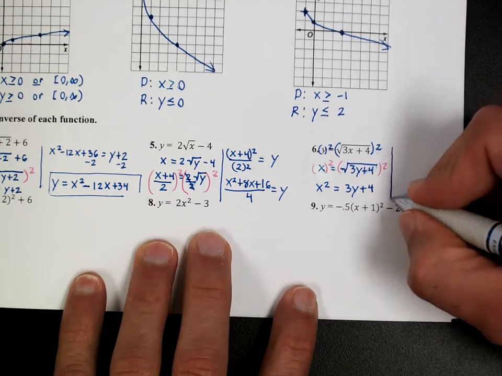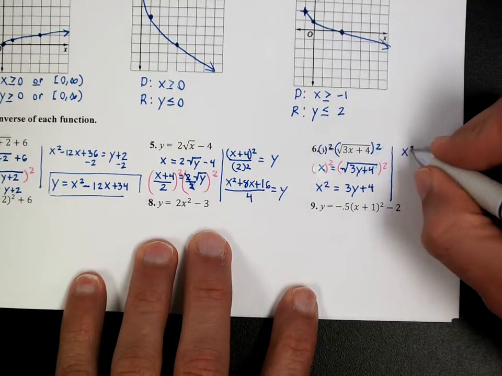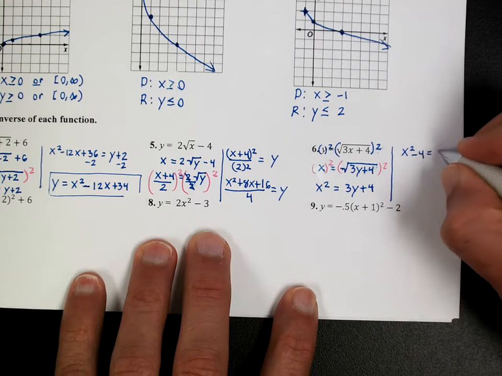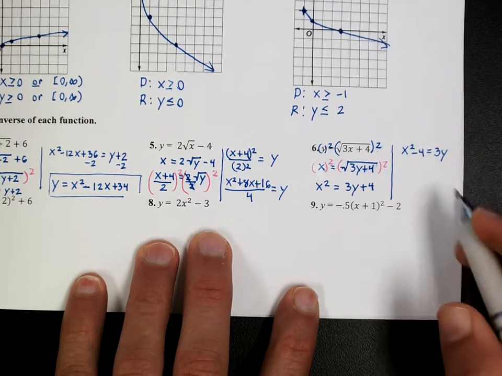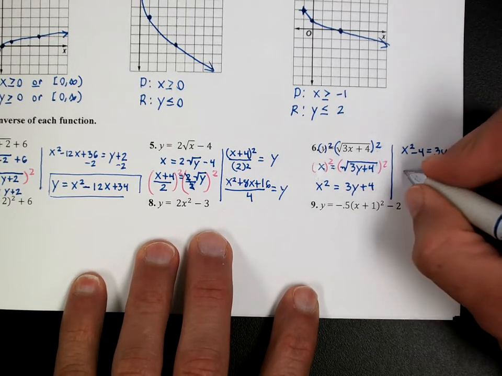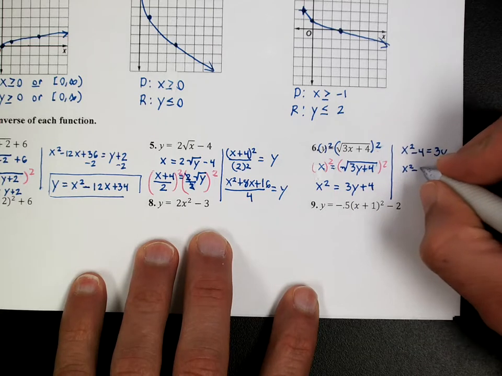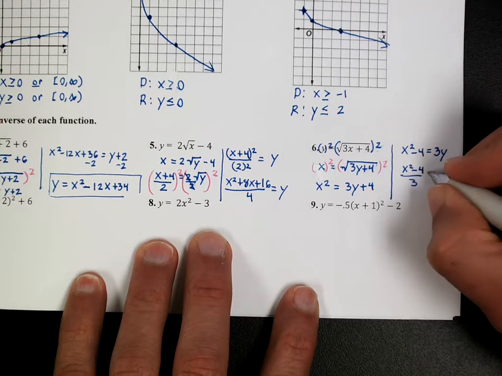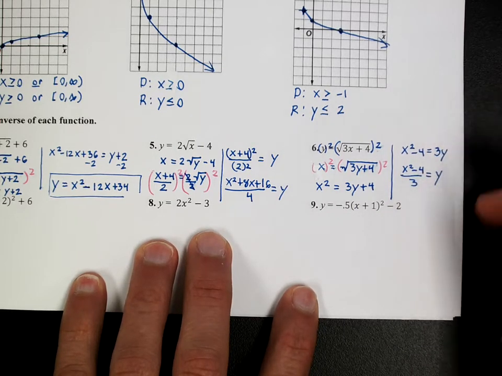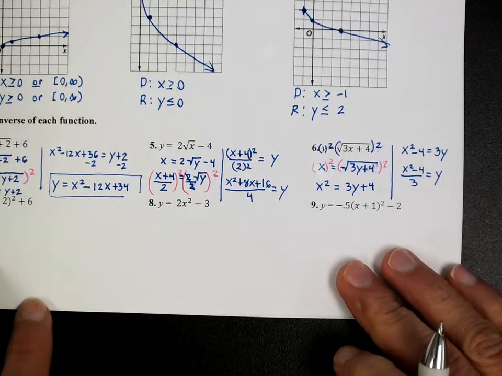Now I'm going to just solve for y. So I'm going to subtract the 4 from both sides, and then I'm going to divide by 3. So my answer is x squared minus 4 over 3 is equal to y. So that's it for that one.